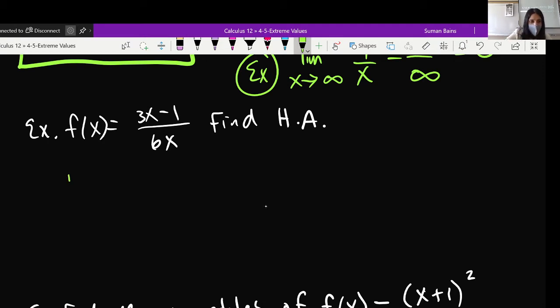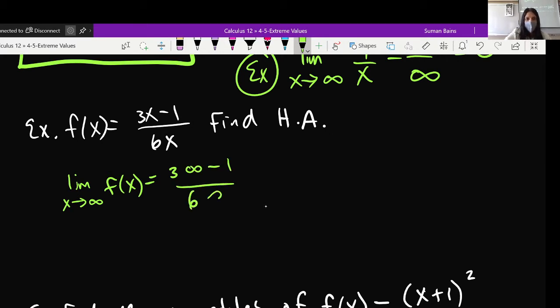So what I could say is that the limit as x approaches infinity of f of x equals, well, instead of x, I'm going to plug in infinity: 3 times infinity minus 1 all over 6 times infinity. Maybe I'll put it in brackets so you can see that that's the stuff that I'm plugging in, although I feel like that's looking really weird, but we get it?